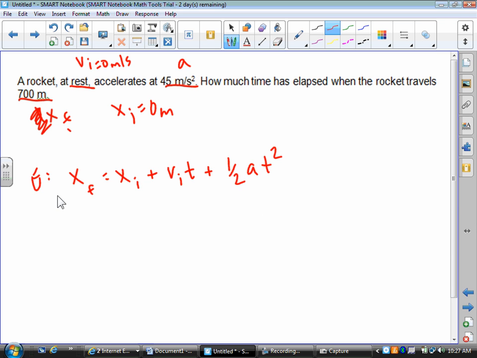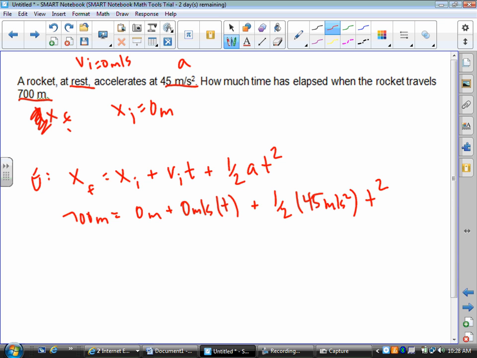And the reason this is the right one is because even though t is on there twice, what ends up happening is if we plug all this stuff in, we actually get 700 meters equals 0 meters plus 0 speed, right? Times t plus 1/2 times 45, right? Because I'm getting the 45 from there.